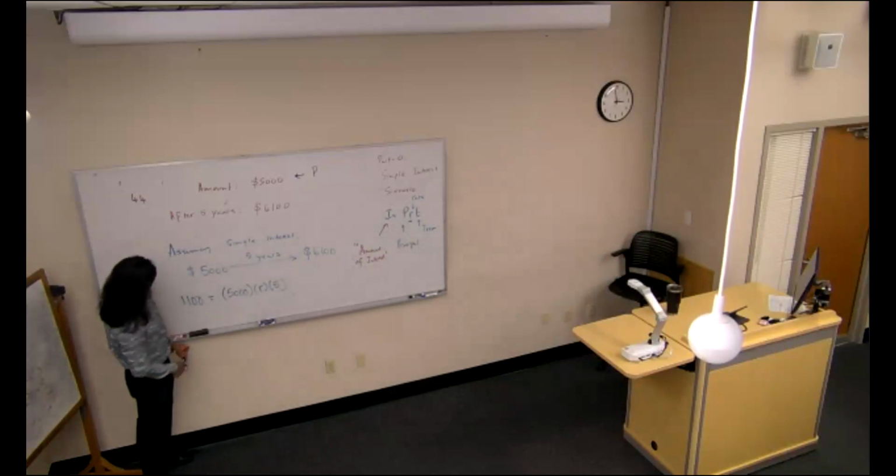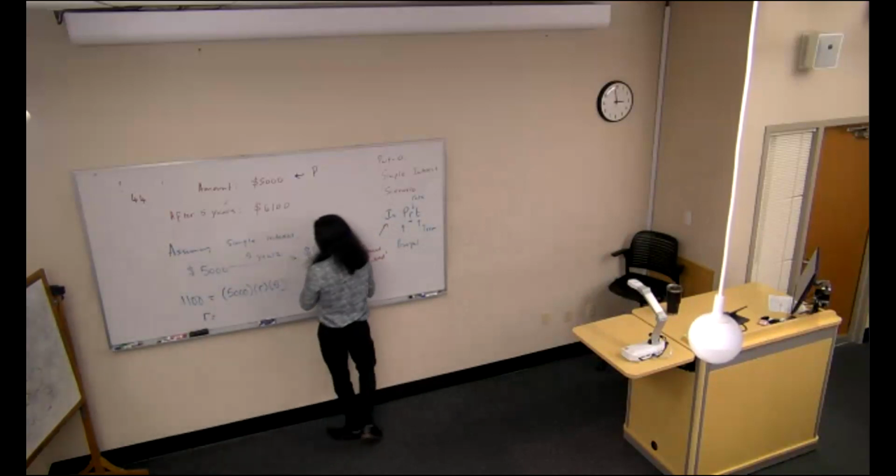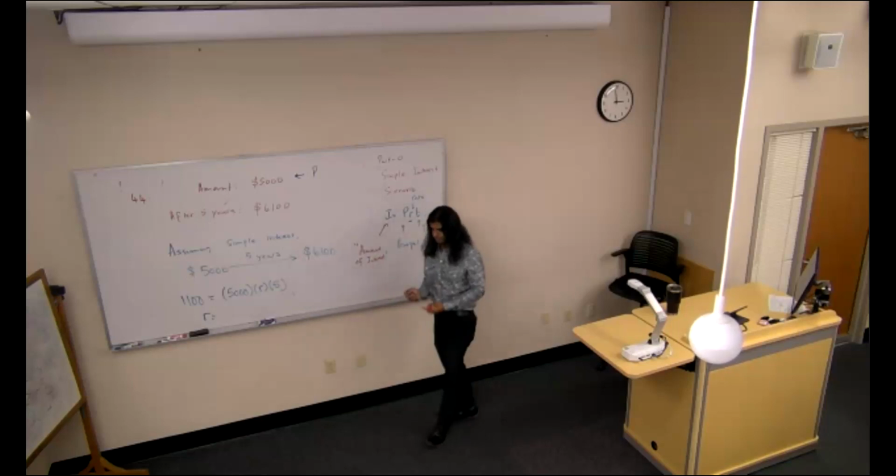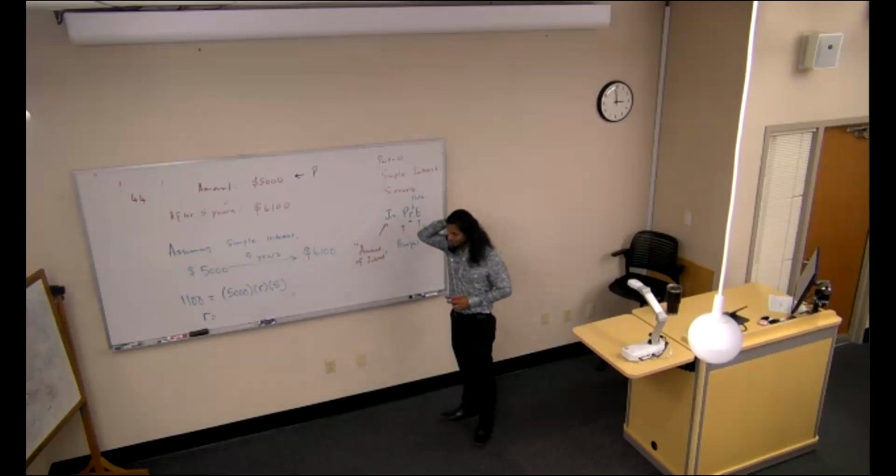So if you put it in the formula, what do we get? Why do you get 1,100? Oh, you subtract, yes, because it's only interest, not interest plus principal. Okay.